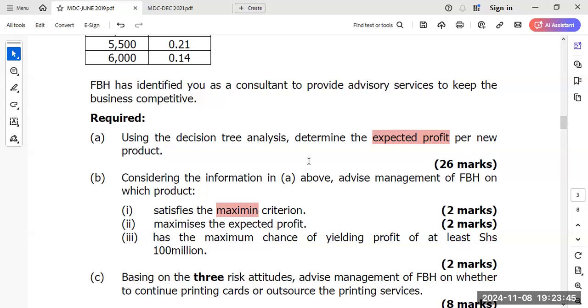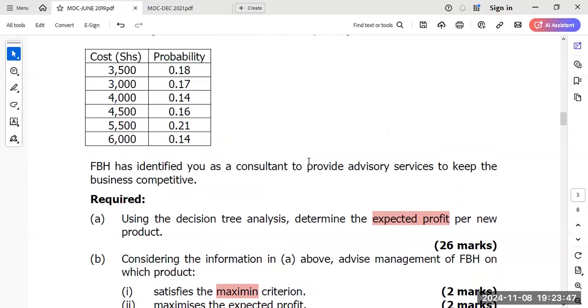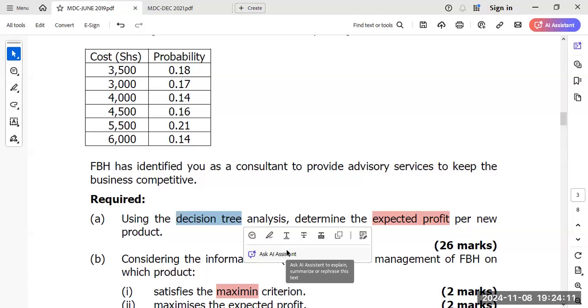So it means that as you read the case study, you want to know what are the products. What are the products actually in this case study? Because as you draw your decision tree analysis, you need decision alternatives. You need also states of nature. That's what you're interested in.